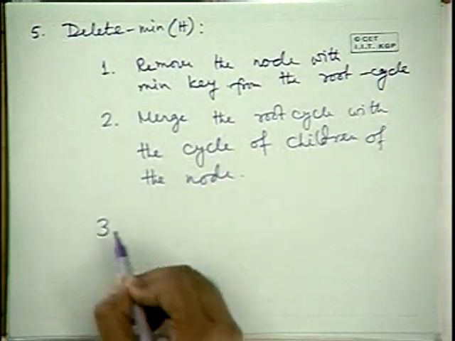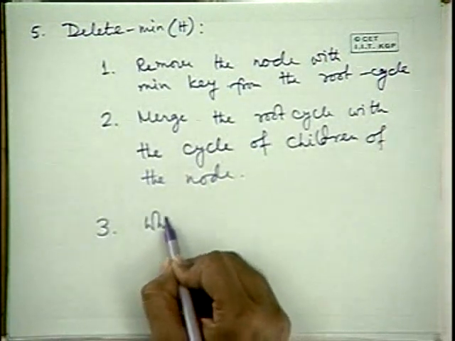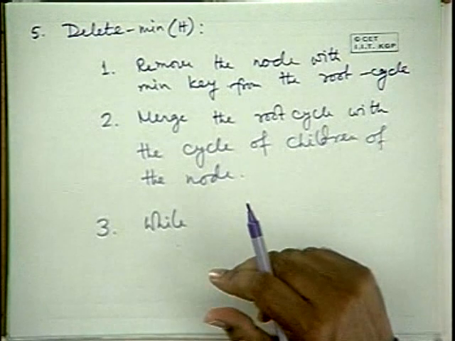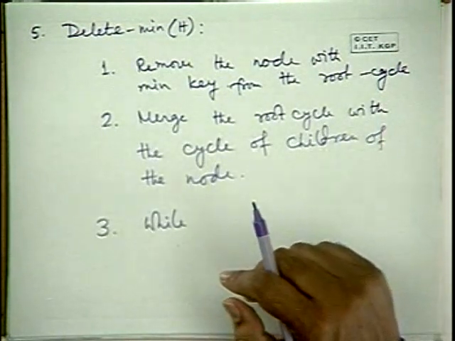And third, this is important. Now what do we have? We have some more nodes in the root cycle. Now we go over the nodes of the root cycle, and whenever two nodes have the same degree, we merge them into one. That is the link operation. If two nodes have the same degree, we use the link operation. One is made the child of the other.